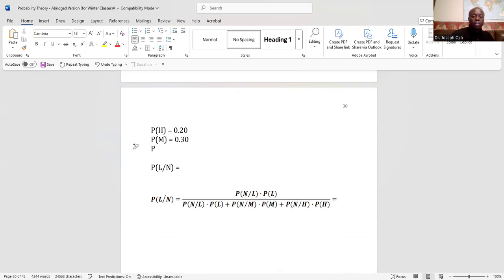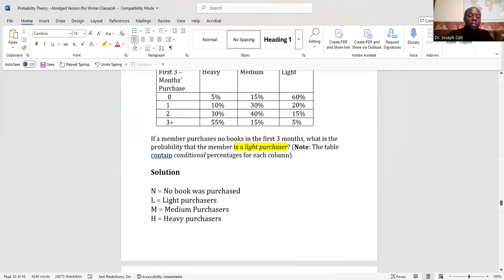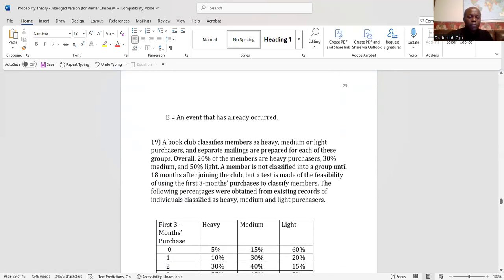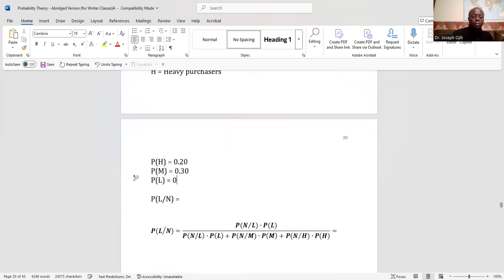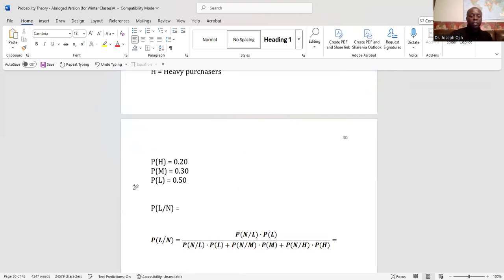And for light purchasers, it is 50%, 0.5.